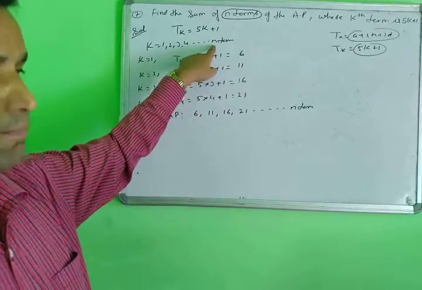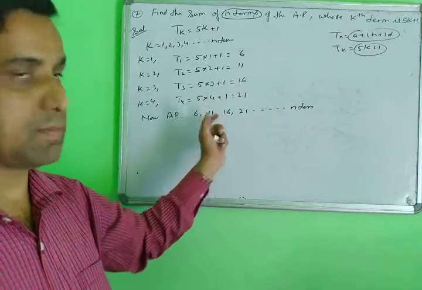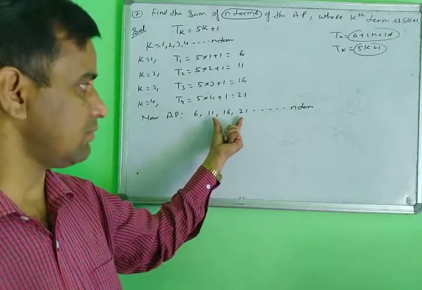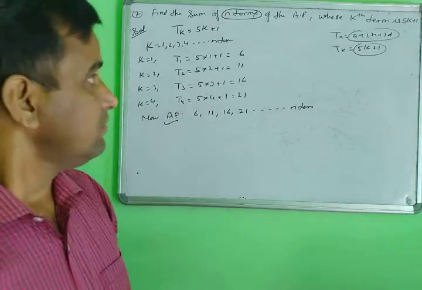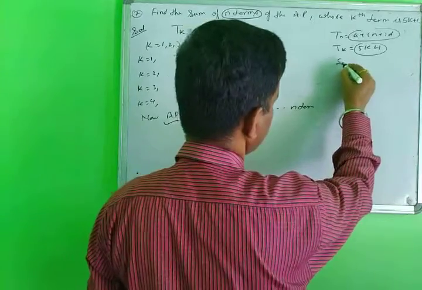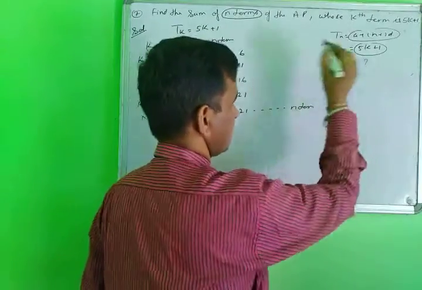Because you have n numbers, you have n terms. So you will find the sum of this AP. In this AP you will find the sum, so then you will get your Sn.